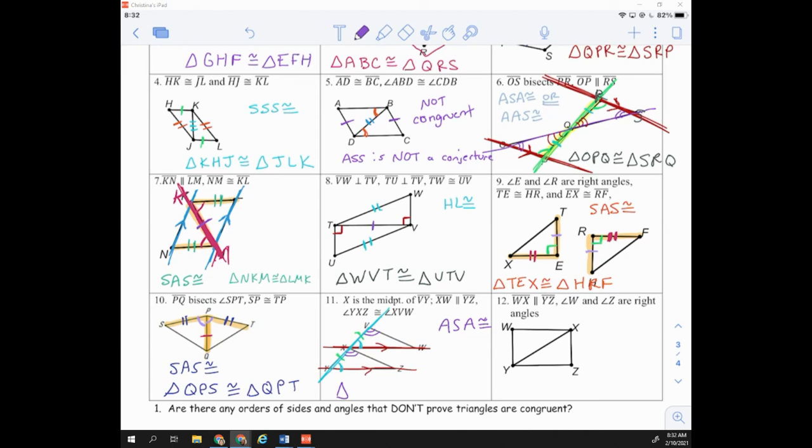What's not allowed is ASS. So I'm going to go no tick marks to 1 to 2. So triangle WXV is congruent to triangle ZYX.